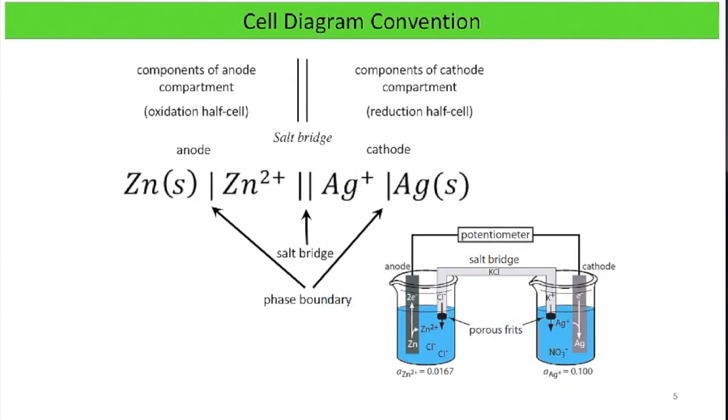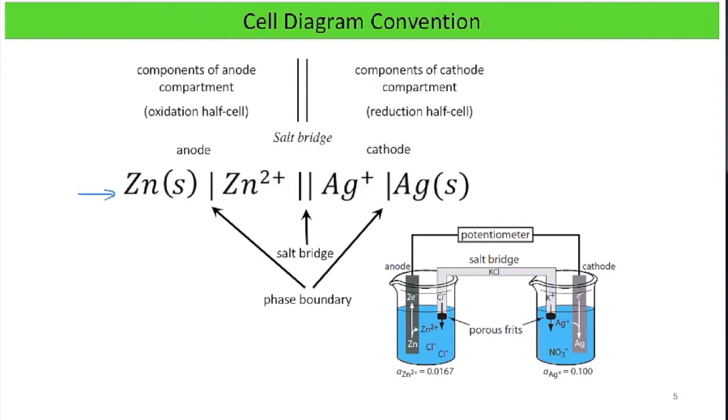So the diagram on the previous slide just gave you a pictorial view of what that voltaic cell or galvanic cell would look like if you set it up in a lab. But usually when we're writing these on paper, we're not going to write out the pictorial diagram because it just takes too much room and it's too tedious to write out. So we would write what's called the cell diagram, and that is shown right here.